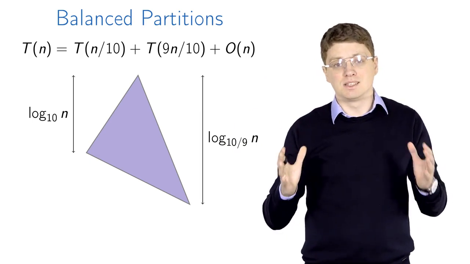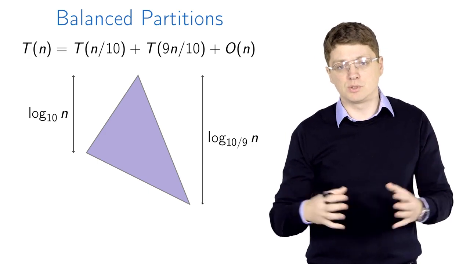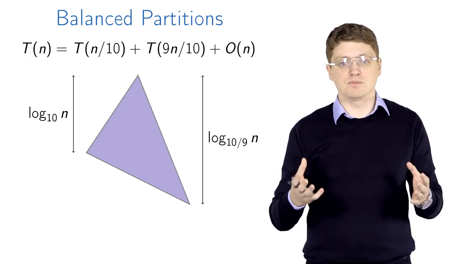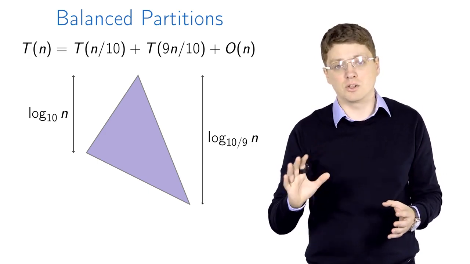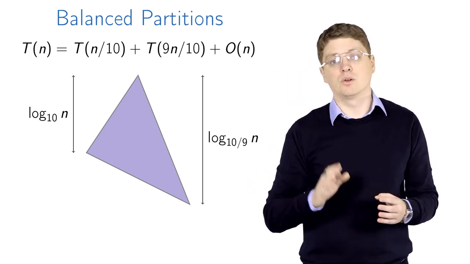Well, still the height of this tree is logarithmic. The only difference with the previous case is that now the base of the logarithm is different, but it's still constant. It is log base 10 over 9 of n.